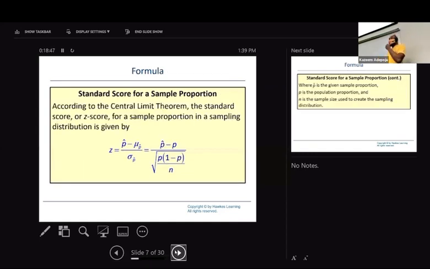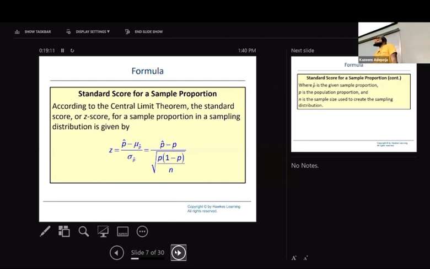The next thing is that we now need a z-score. Let me tell you this. If you want to get a z-score, it has a special requirement. The requirement for a z-score is that the statistic under investigation is normally distributed.